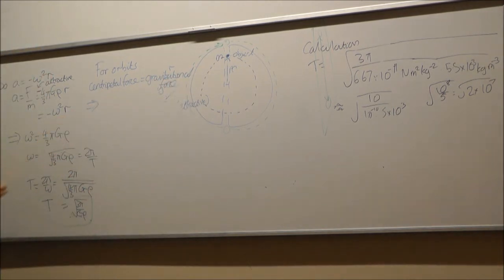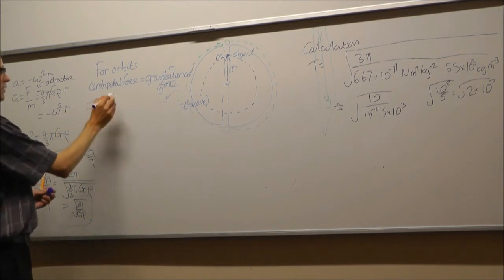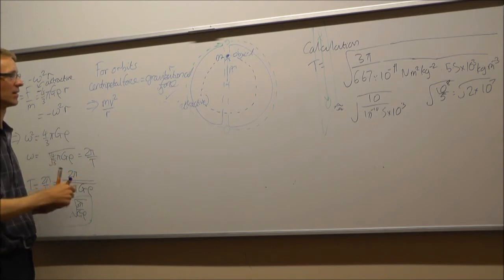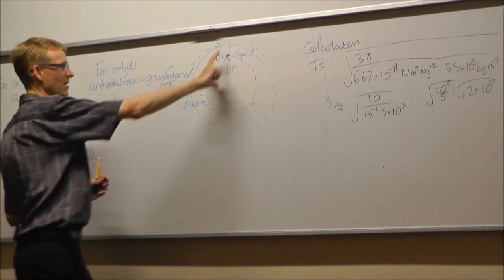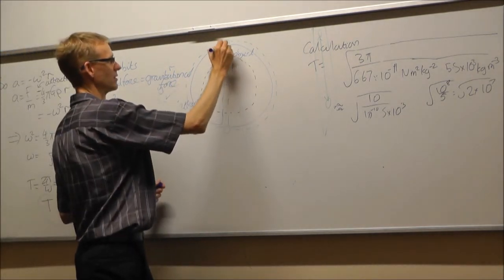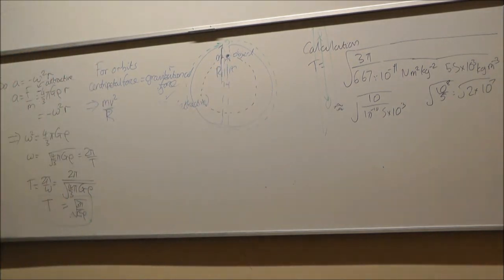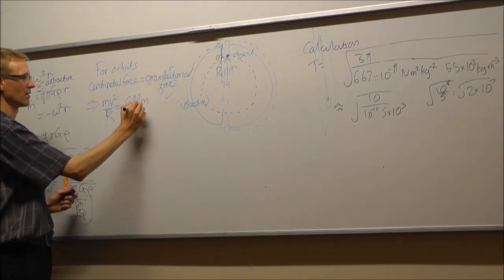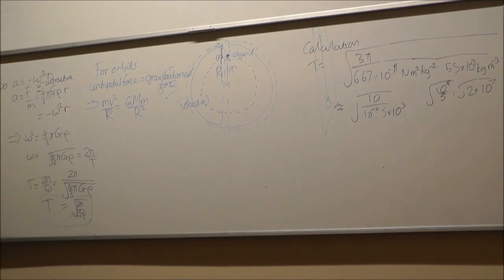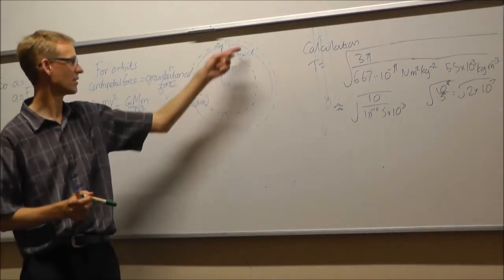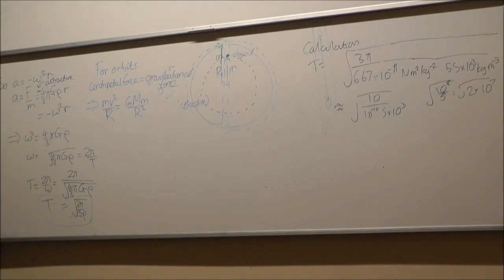So that implies that my centripetal force, mv squared over r, and r, I'm talking about this distance here now, maybe we should use big R, equals GM over r squared. I think that's squared, yeah. Okay, so we can find what our velocity is, then we know how long that loop is, so we can find how long it takes to go around.